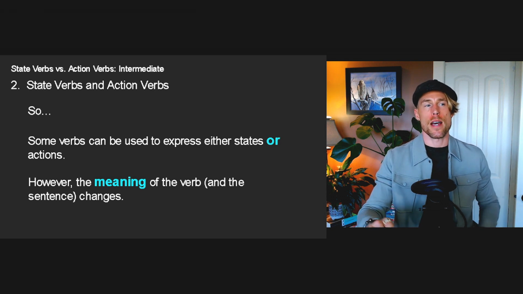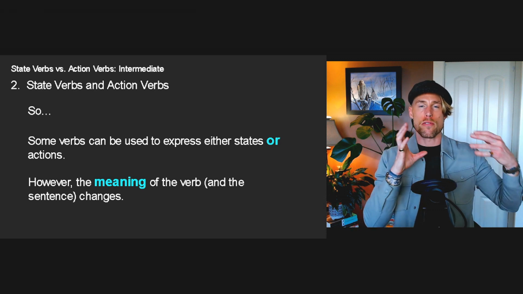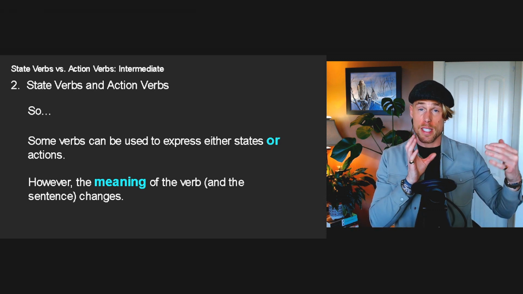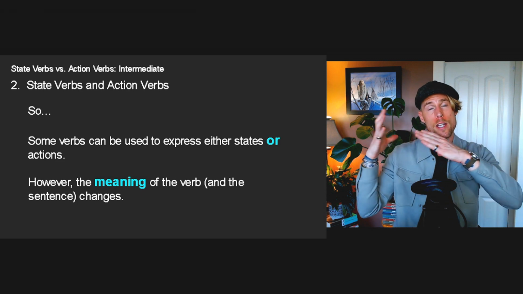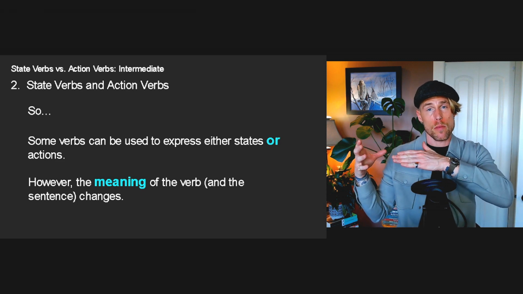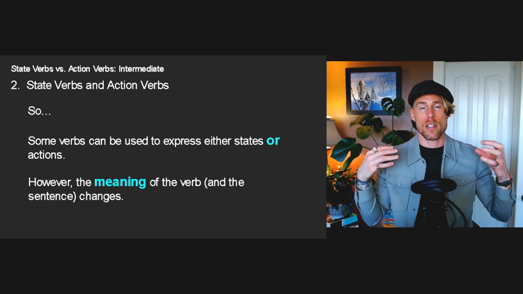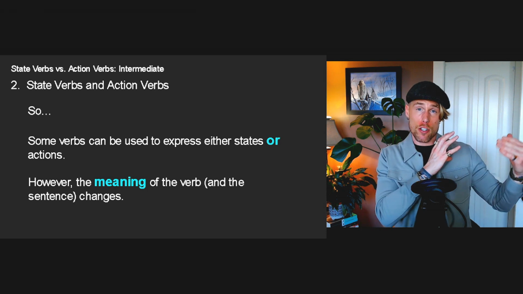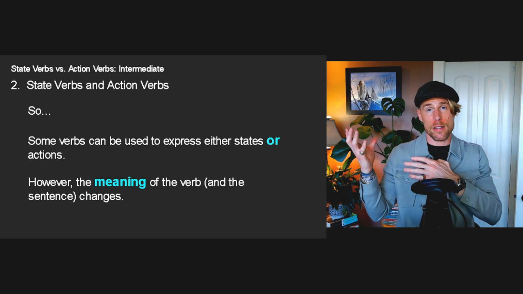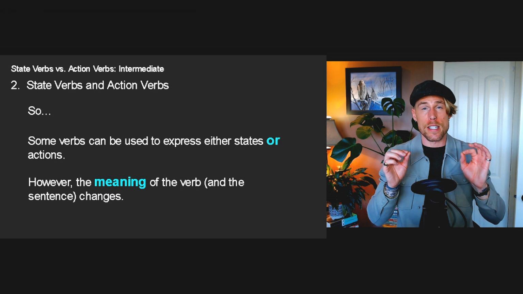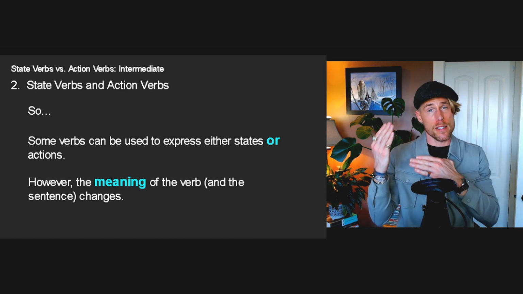This means that the same verb can be used for actions or for states, but the meaning changes. One is an action, one is a state. So it's really important to know the difference between actions and states.